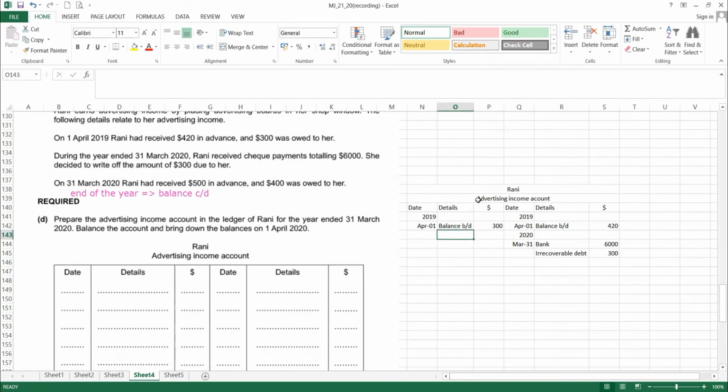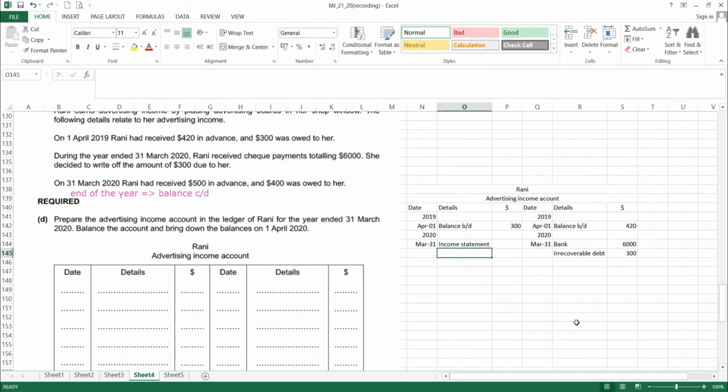Why? Because this is an income account. You must have the income statement to write it on the debit side. So we draft this income statement first because we don't know how much it is. So here, balance carried out. This balance carried out, the received in advance, is a liability. And 400 was owed to her, which is the asset.